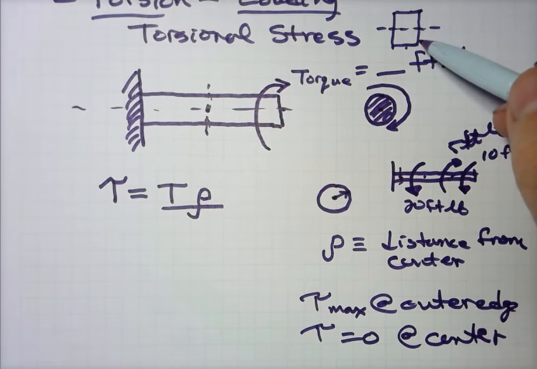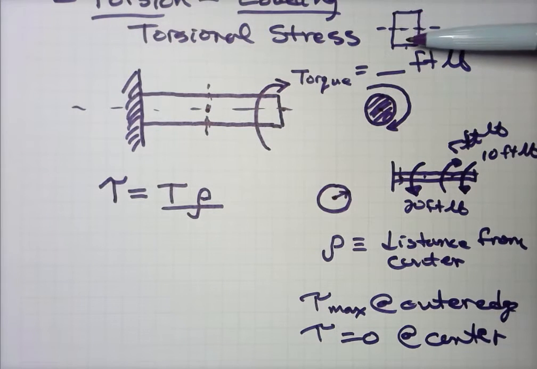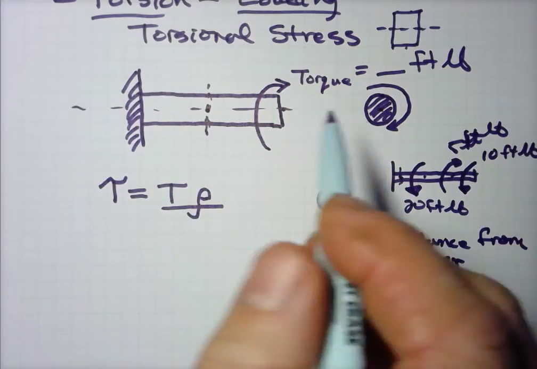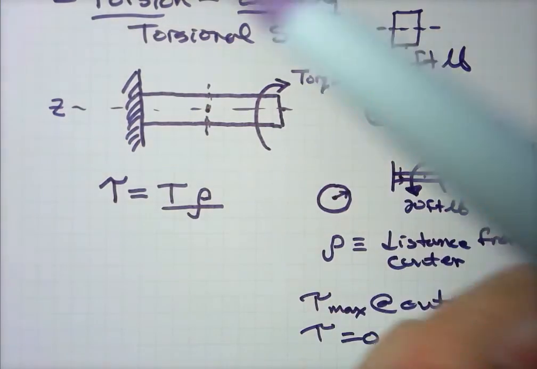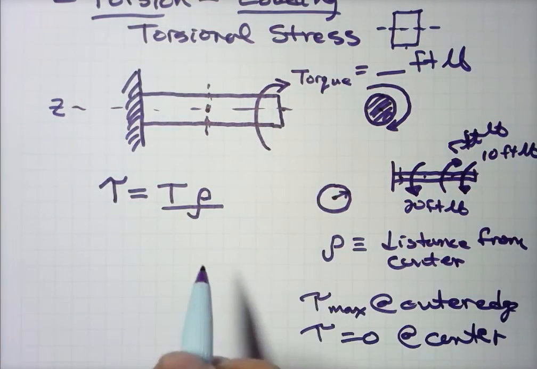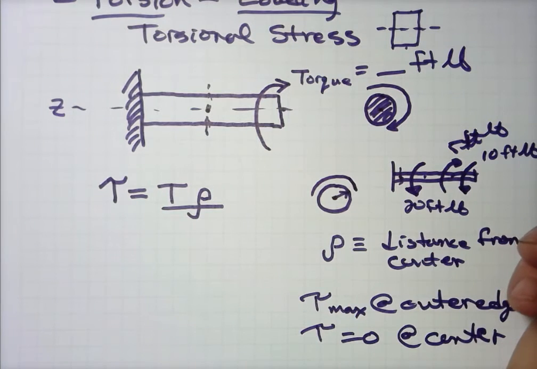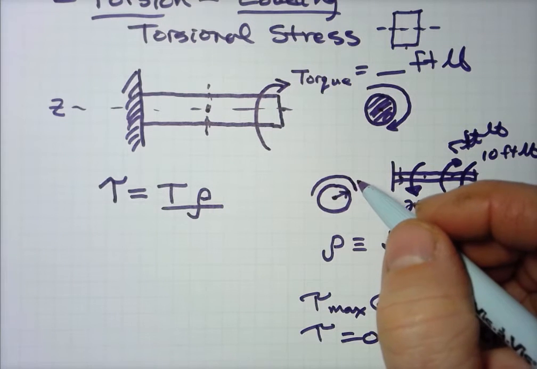We were looking at the resistance of this shape to deflection or stress about the x-axis. Well, if we let this be the z-axis, the axis that comes out of the shaft, there is a resistance to deflection or resistance to torque that is dependent on that shape, and it's the moment of inertia.